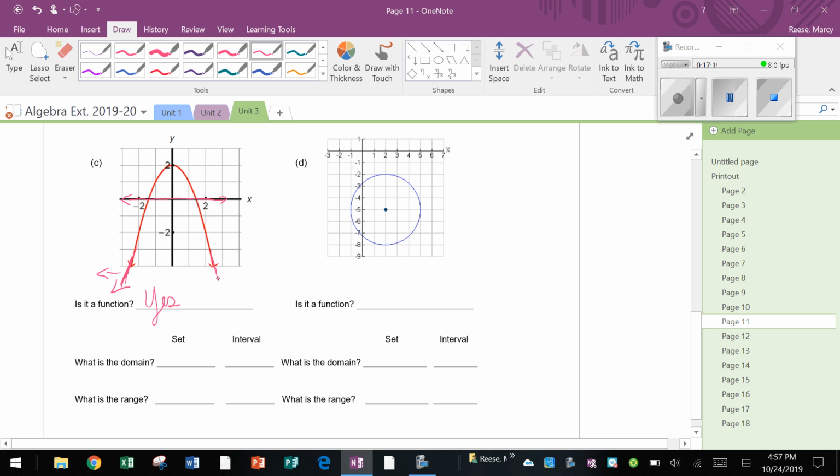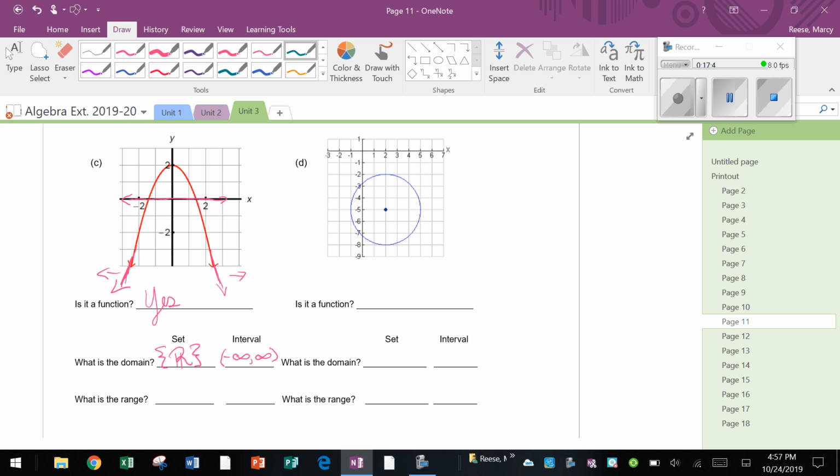And as it goes down here on the right, it continues to go to the right. So because of that, we're going to do -infinity to infinity for the domain. Which, if you remember, would be all reals.